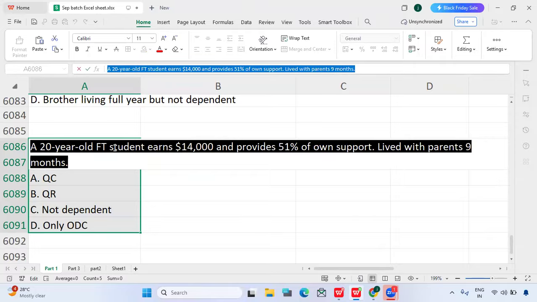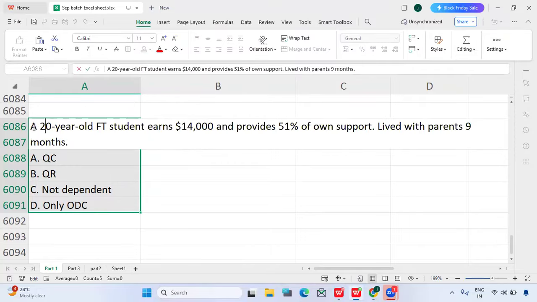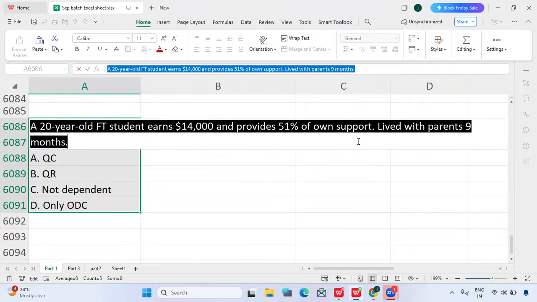20 years old, full-time student, earns 14,000, provides 51% of own support, lived with parents 9 months. So what is the correct answer, guys? Not a dependent.